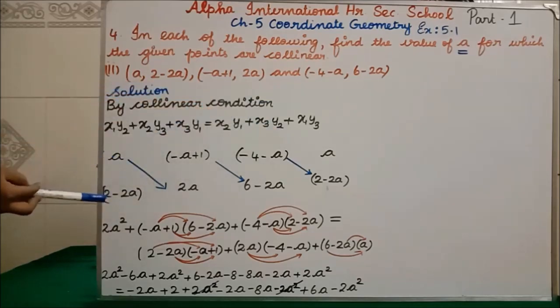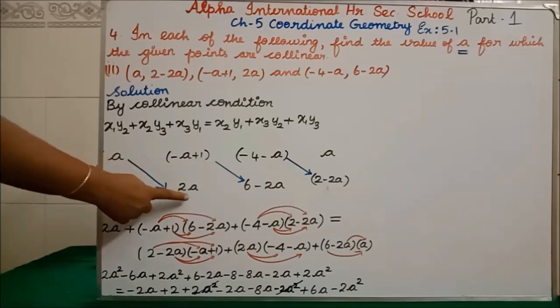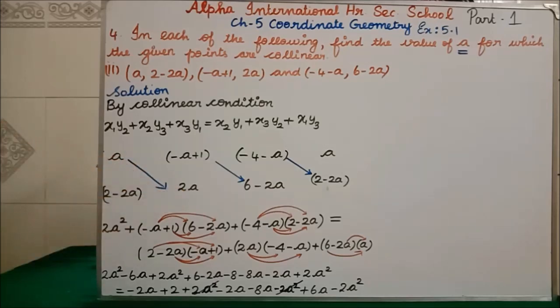Here a, 2 minus 2a, here a, 2 minus 2a. Students, when you are solving a problem like this, you have to put the arrow mark. Clear? First I have written only one side. First you multiply that alone. Clear? A into 2a is what? 2a square. I have written 2a square. Then minus a plus 1.